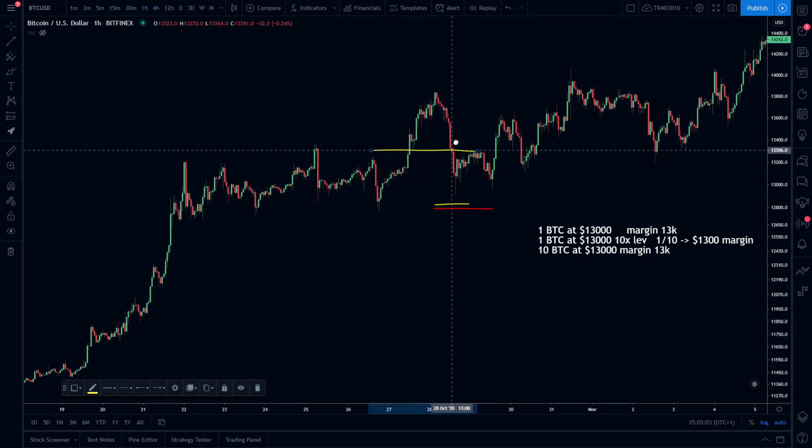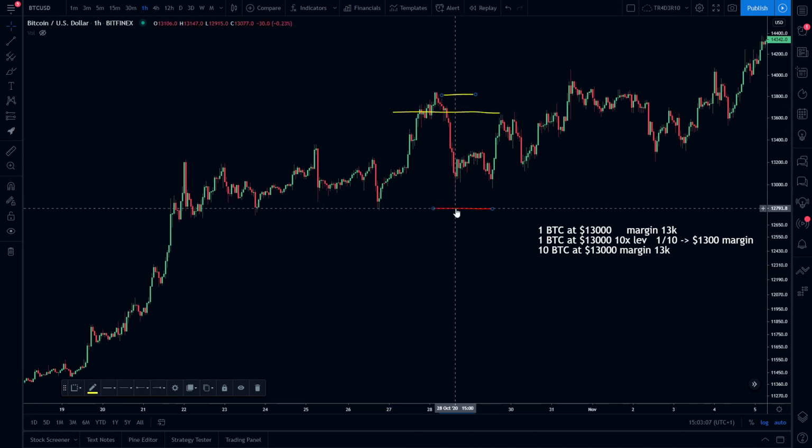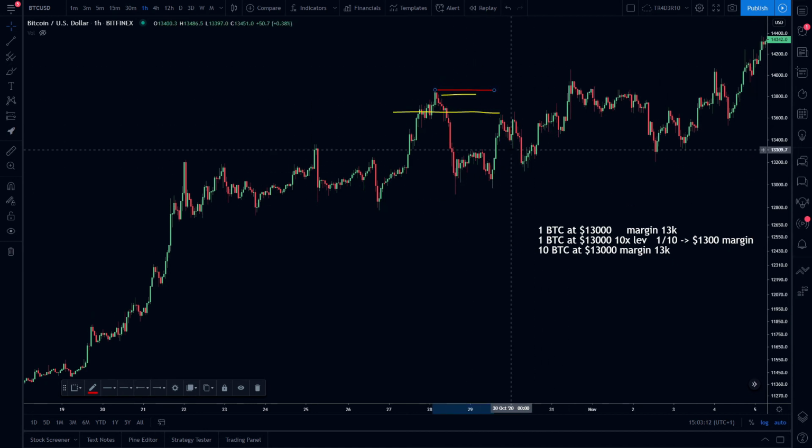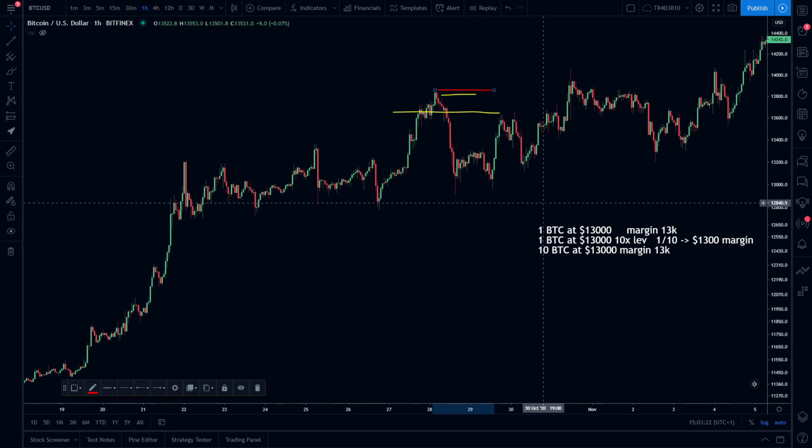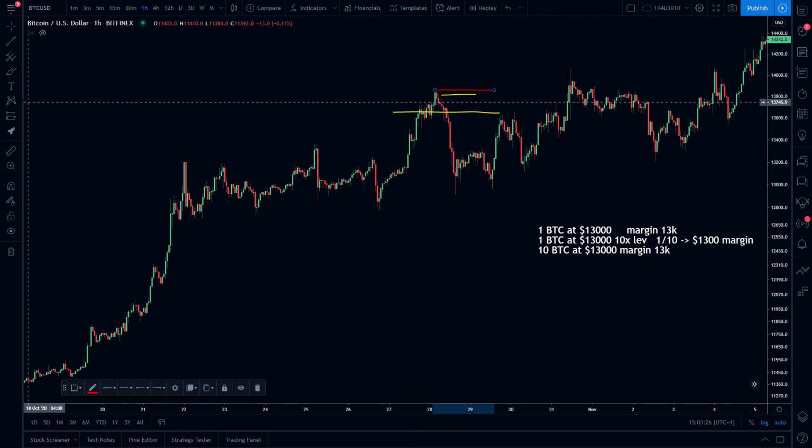This works the same way to the short side. So same type of calculation. For a short, let's say you want to short 1 BTC here. Depending on the exchange, let's say you're sitting in USD for the margin.